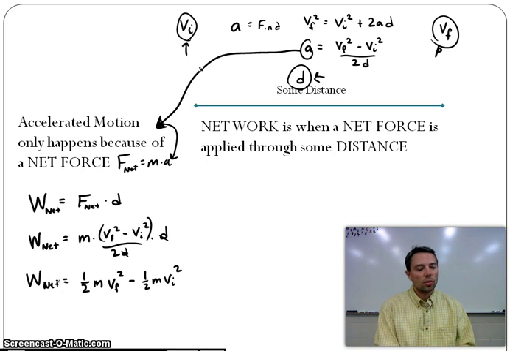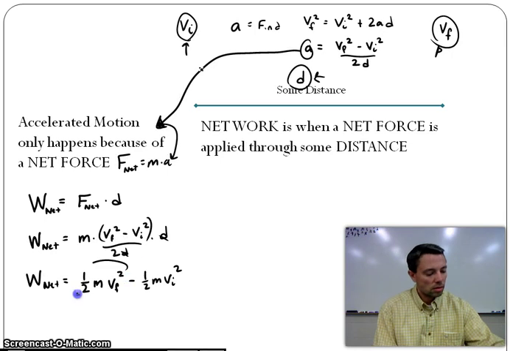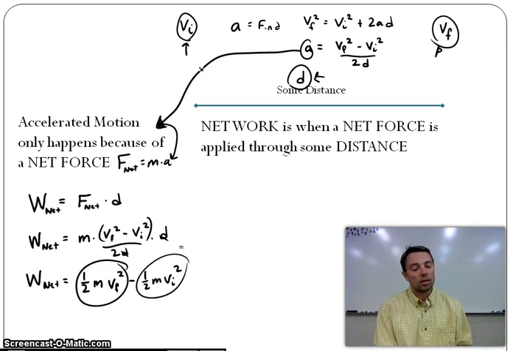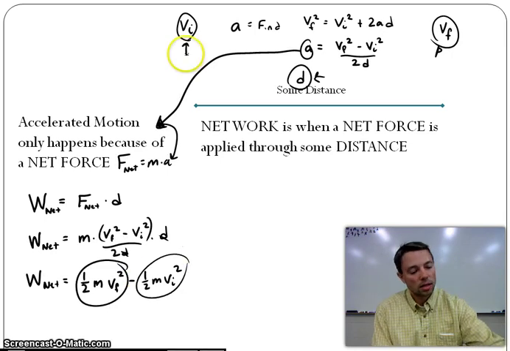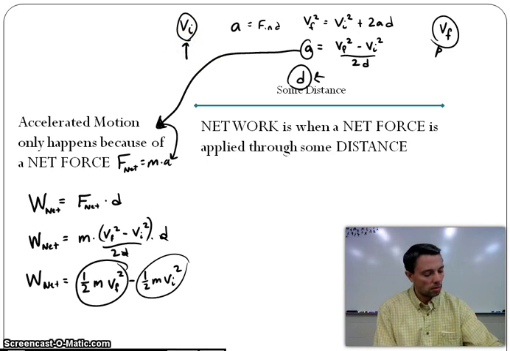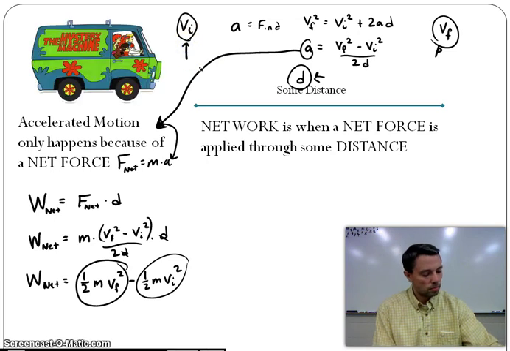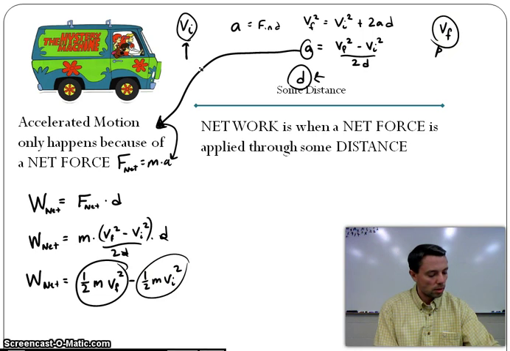This is great. The net work done when a net force is applied through some distance is nothing more than the change in my two kinetic energies. So in other words, I had kinetic energy when the mystery machine was back here, and I had kinetic energy when the mystery machine was there.